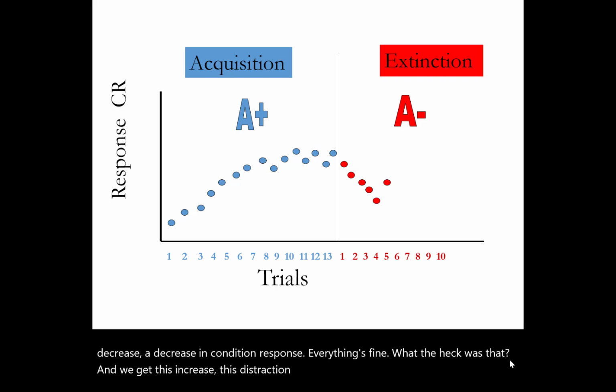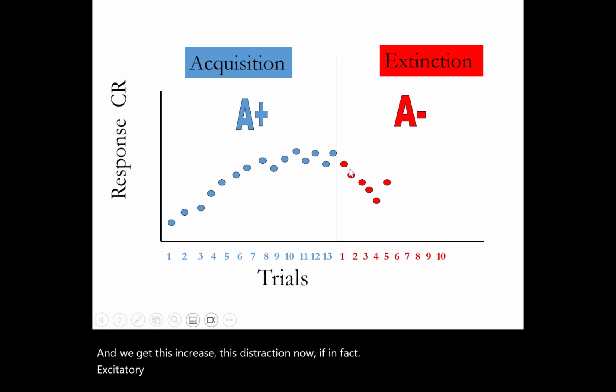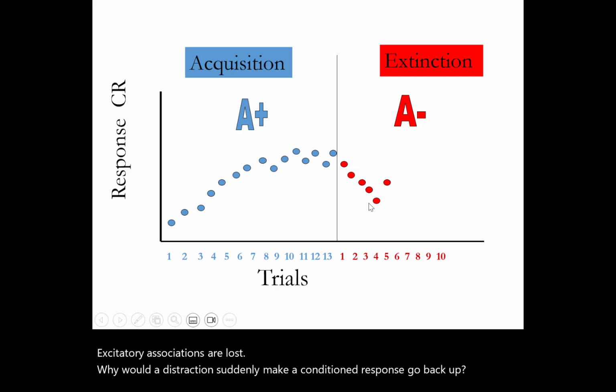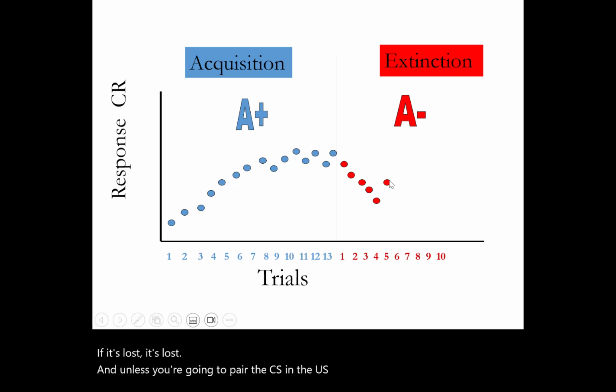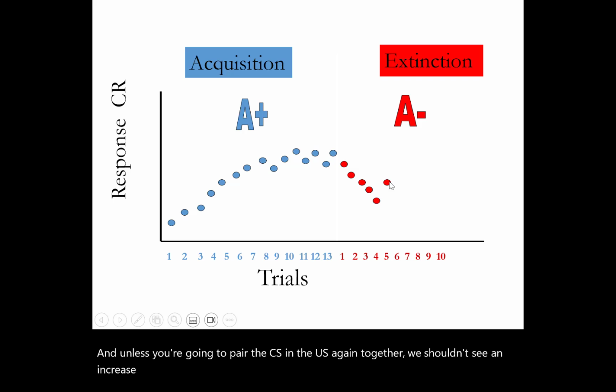Now, if in fact excitatory associations are lost, why would a distraction suddenly make a conditioned response go back up? If it's lost, it's lost. And unless you're going to pair the CS and the US again together, we shouldn't see an increase. Why did we get this distraction causing this increase?